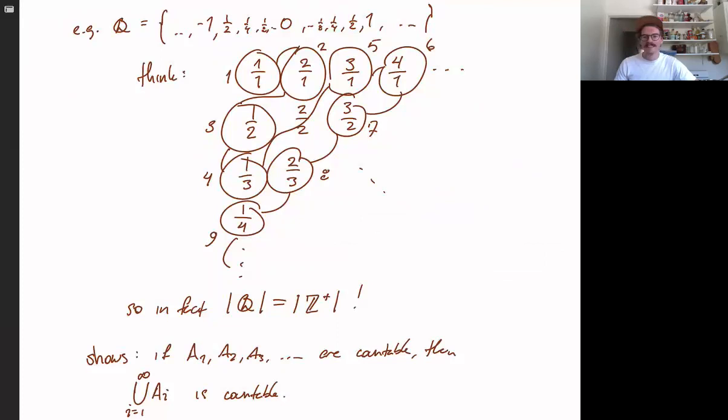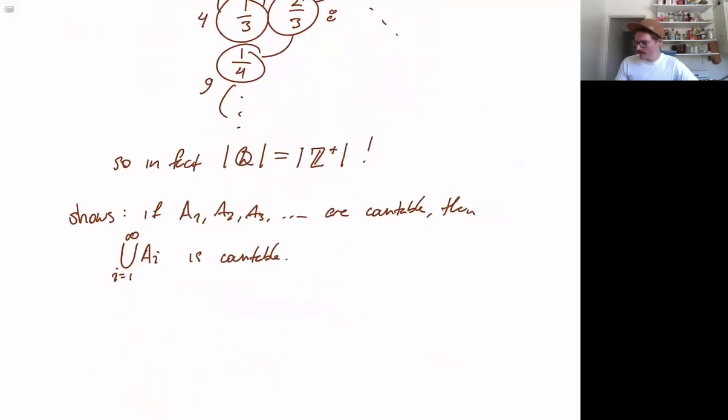I may have put that or not, I forget, but that's a good practice problem. So we are getting the sense now that it is really quite hard to write down an uncountable set. Even taking a countable union of countable sets is still countable. So we'll have to do something even more than that.